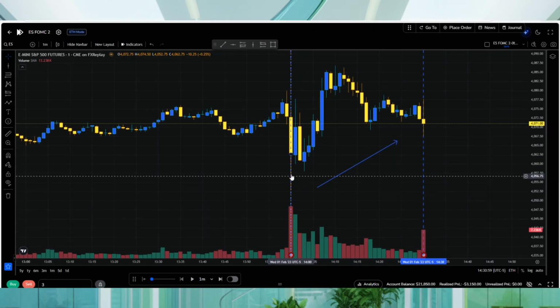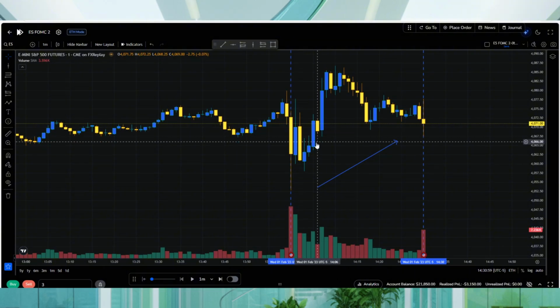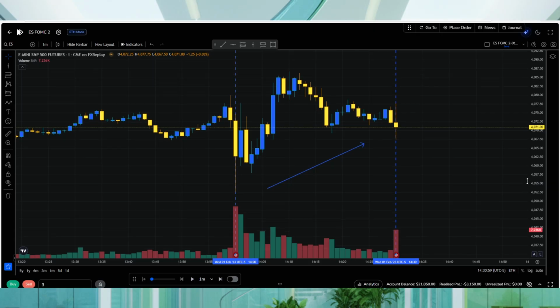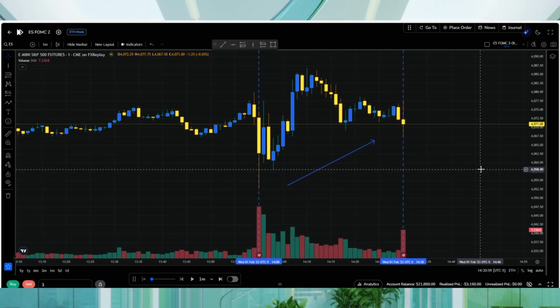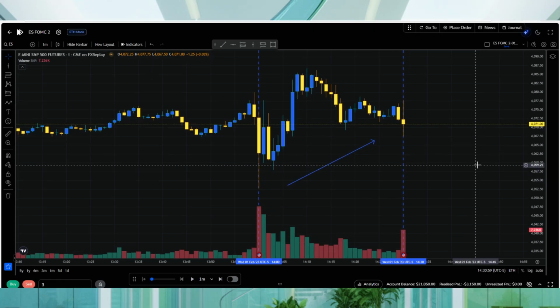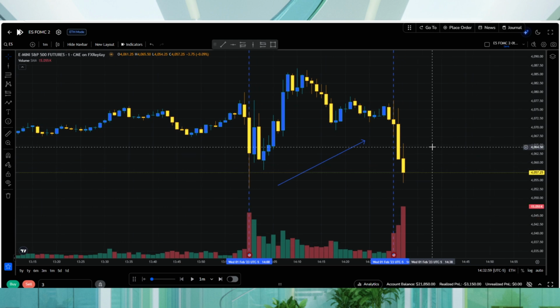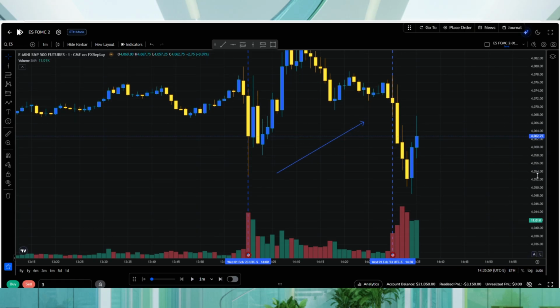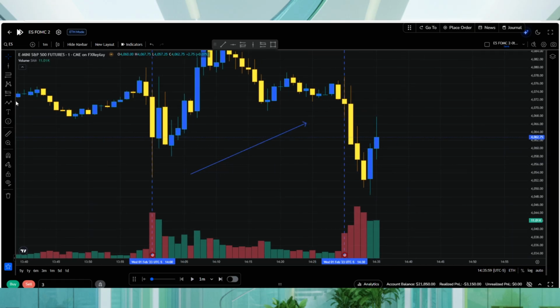But for me personally, I take this candle as a reference point, and we're looking to see where this candle goes. And so this is all in the 1 minute charts. So we're looking for longs. So I'm just looking for a pullback. I'm looking for a couple green candles, a couple bullish candles, and looking to take longs here.